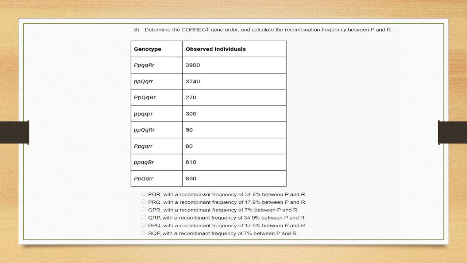Okay. So, what are the parental classes? Parental classes are the classes in which maximum number of individuals are present. So, in this case, 3900 and 3700 are the parental classes. And double crossover are the classes in which least number of individuals are present.